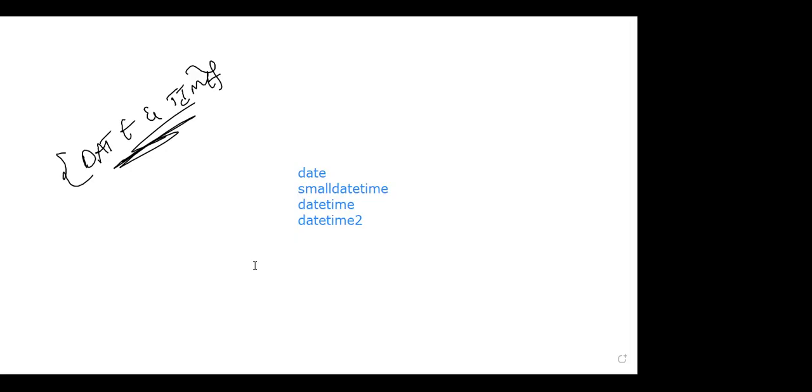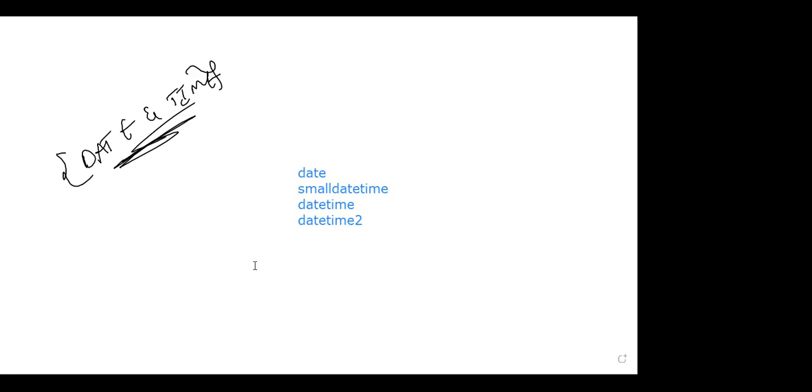Whenever you want to store the time, we store it along with the date.